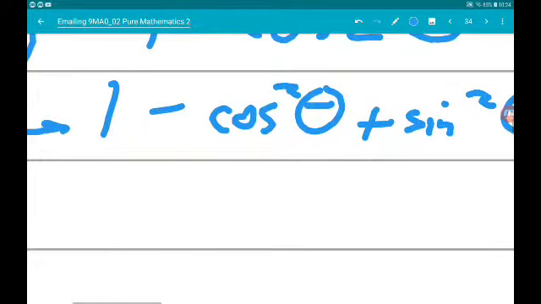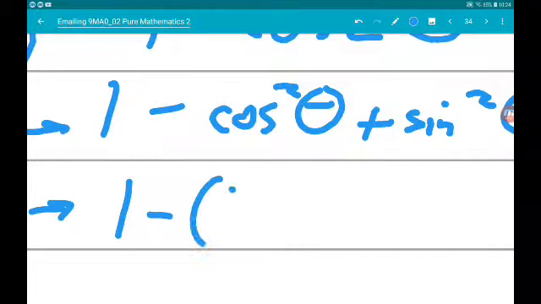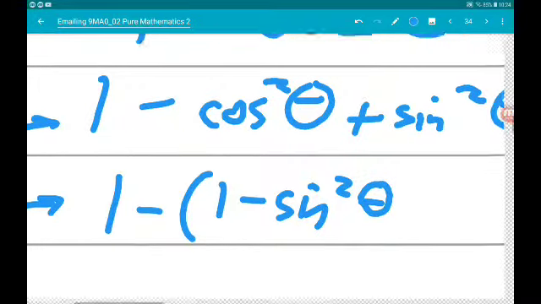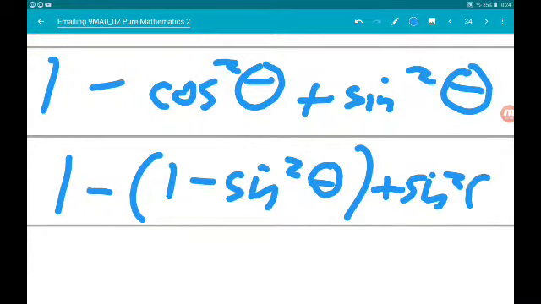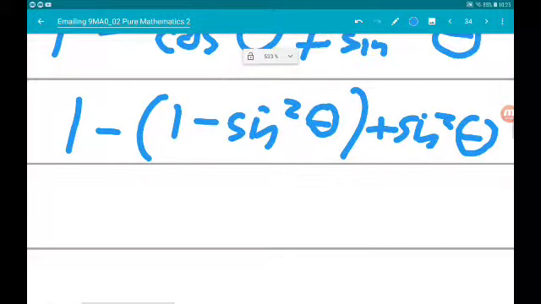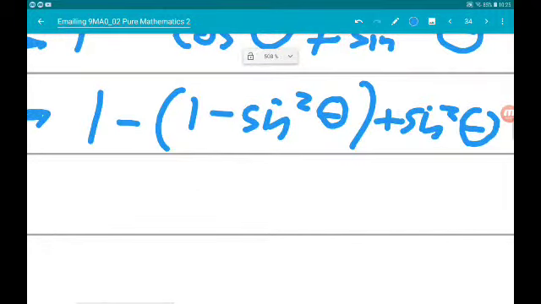So we now got 1 minus 1 minus sine squared add sine squared. So that's going to give us 1 minus 1, so they cancel out.